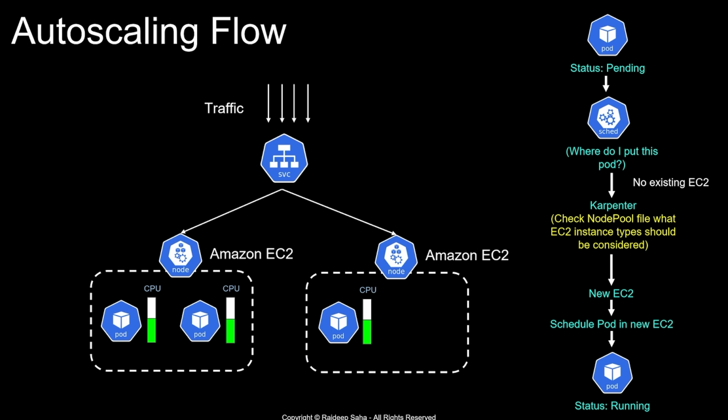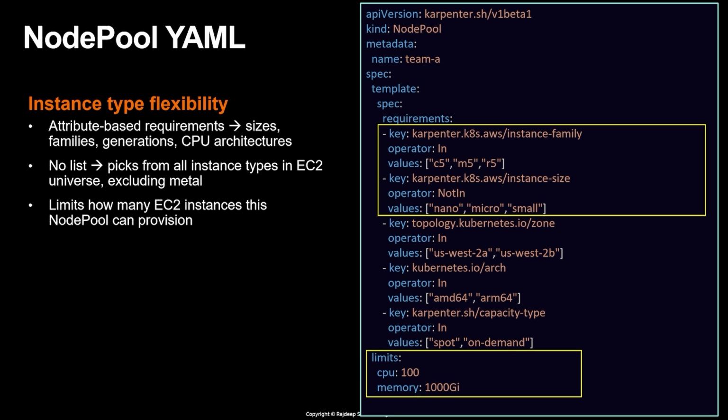All right, now that we understand the flow, let's take a look at an actual NodePool file example, and things will become even more clear. On the right is the YAML. The kind is NodePool, and then we have a name. Let's say for this NodePool, the name is team-A. Now the important part is under spec.requirements. This is where you can define the requirements. And I mentioned you can, it is not required.